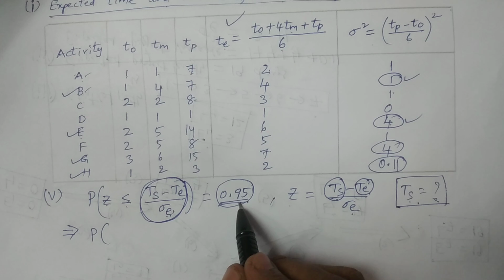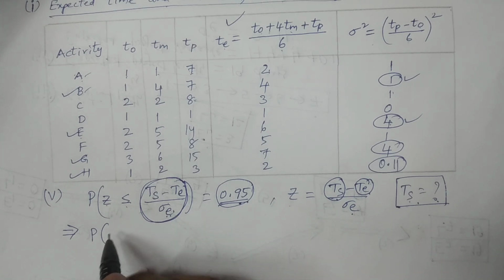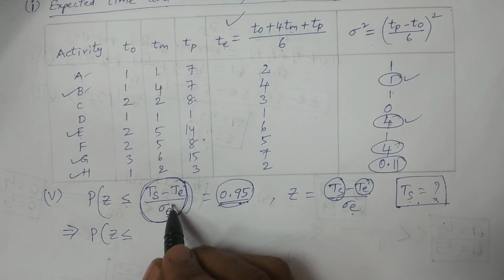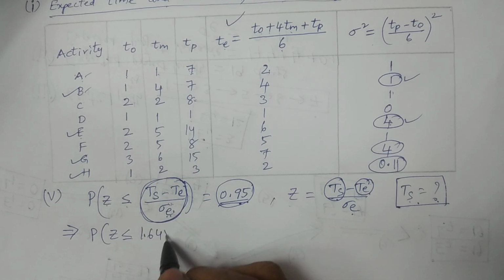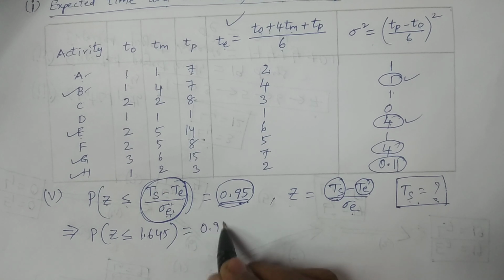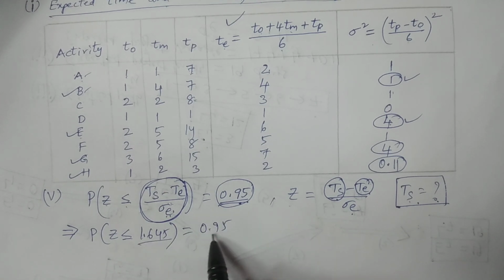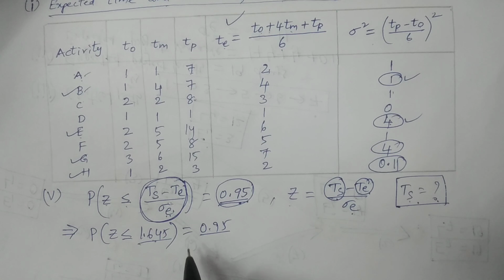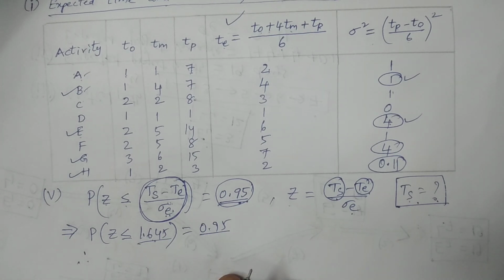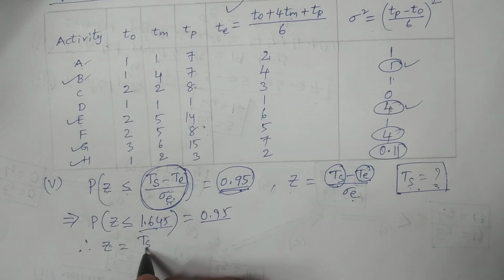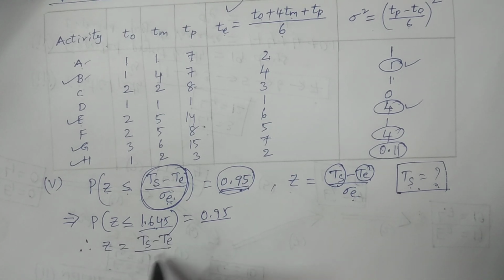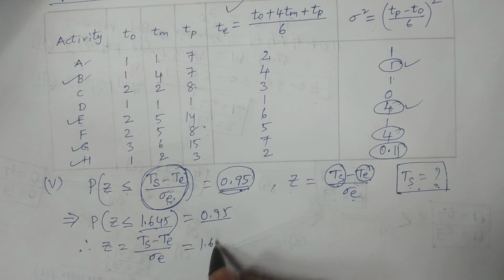Corresponding to the probability 0.95, we can obtain the Z value from the standard normal distribution tables as 1.645. Therefore, Z is equal to (Ts minus Te) divided by sigma E, equal to 1.645.